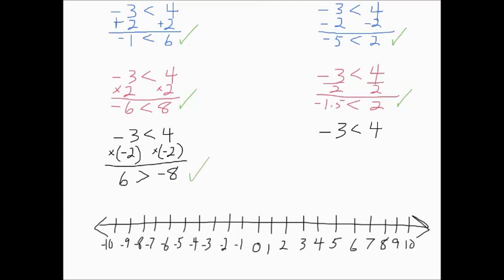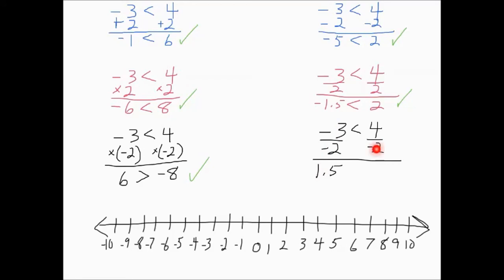All right. And what happens if I decide I want to divide by a negative number? Let's just stick with 2, negative 2. What happens? Well, I get positive 1.5 on this side. Remember, negative divided by negative is positive.